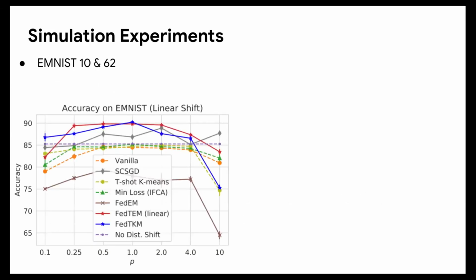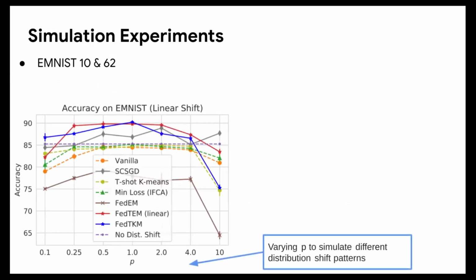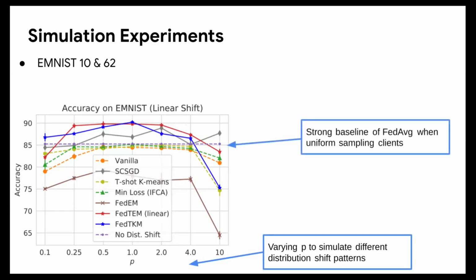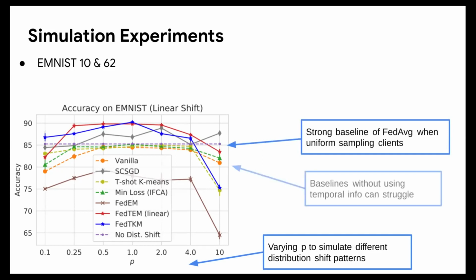Let's look at the results for EMNIST. We vary P to simulate different distribution shift patterns. Note that this P is unknown to our algorithm FedTKM or FedTEM. And we show the strong baseline of Fed averaging when uniform sampling can be used, which is the setting without periodic distribution shift.